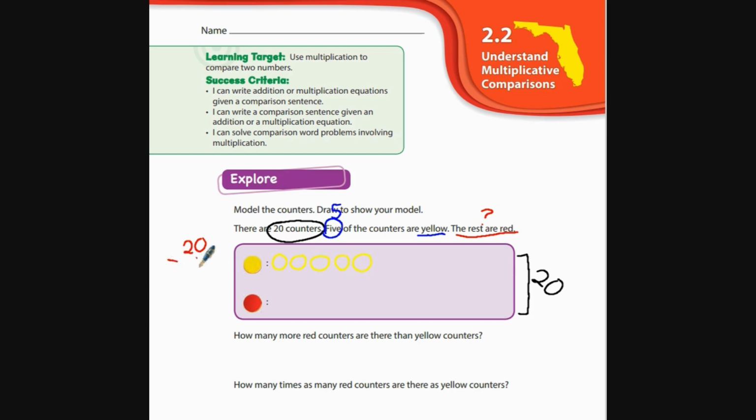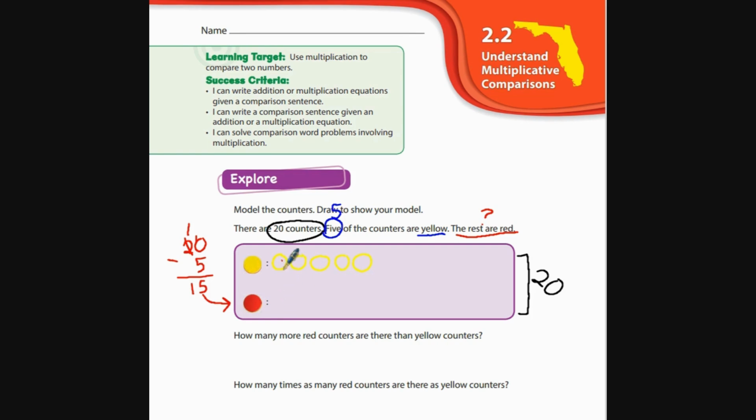And what if I just took away the 5 yellow? If I take away the 5 yellow, borrow from the 2, give it to the 1's place, that's going to be 15. Well, then guess what? That's how many red I have. I have 15 red.